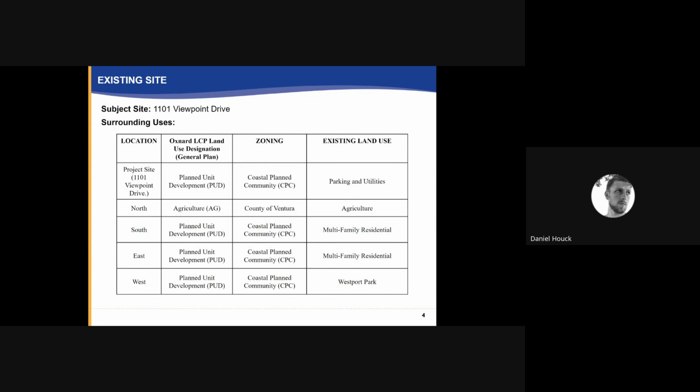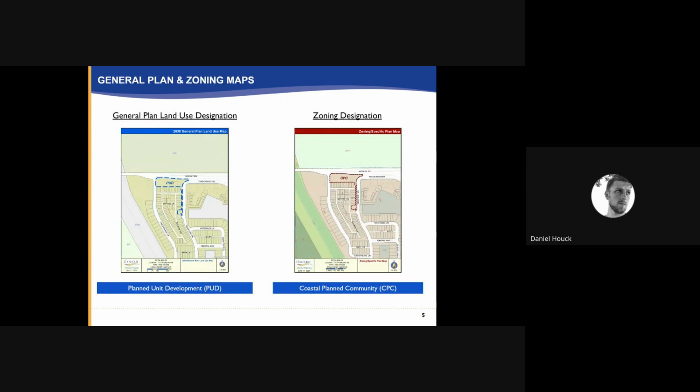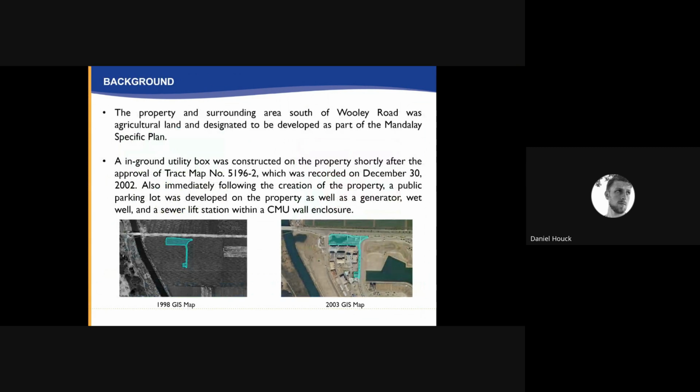The surrounding land uses is there's multifamily right to the south, and then Westport Park to the west. And then we have these maps here to just illustrate exactly what I just explained on the previous slide, that the general plan zoning is planned unit development and the zoning designation is coastal plan community.